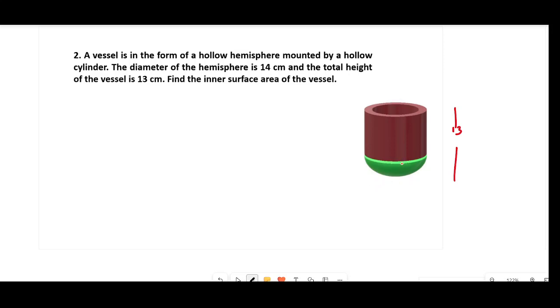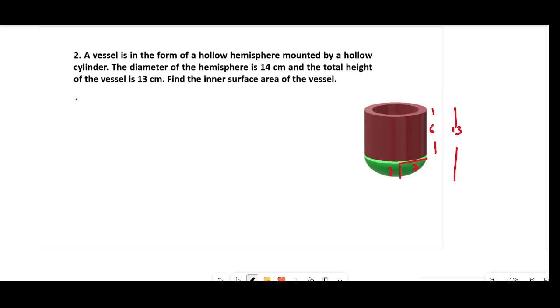So 7 will be the radius, and if this is 7, this also will be 7. After subtracting 13 minus 7, we get the height of the cylinder. Clear? 13 minus 7 is 6. Now find the inner surface area of the vessel.